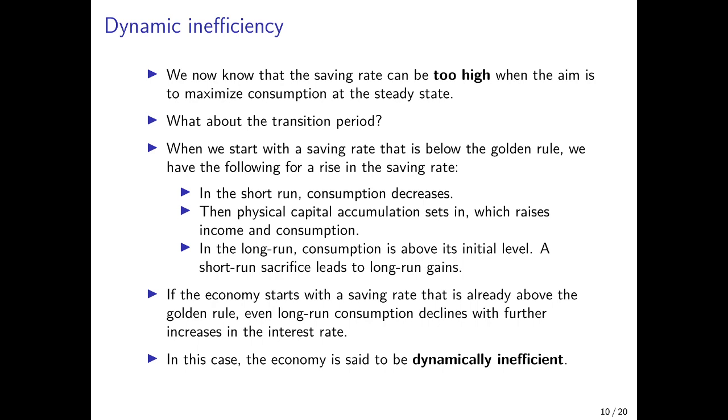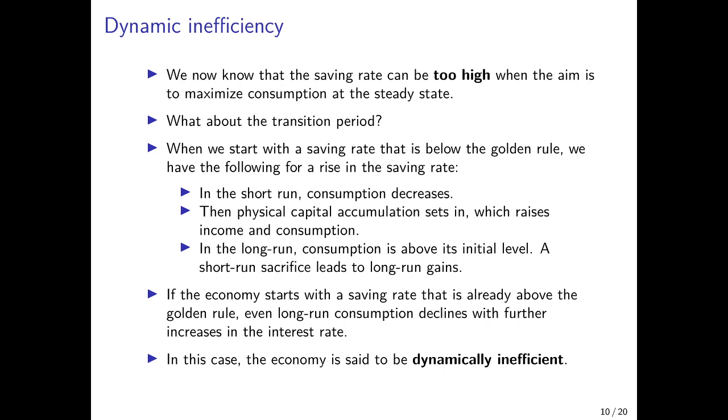Now, if we increase the saving rate from a level below the golden rule saving rate to a rate that is still below the golden rule saving rate, then in the short run, consumption per unit of effective labor decreases. That's clear, because increasing the saving rate means I consume less. I sacrifice short run consumption. But then capital accumulation sets in.